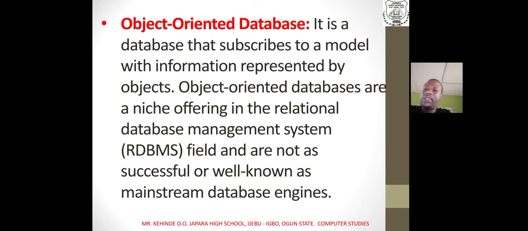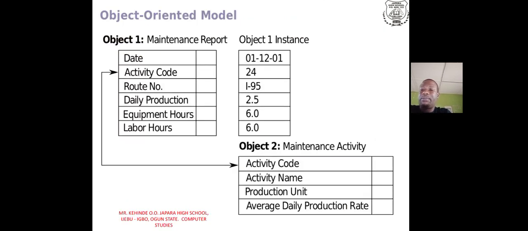Simply put, it is a database that subscribes to a model with information represented by objects. We can see an example of an object-oriented model where we have object 1 as the maintenance report and object 2 as the maintenance activity.